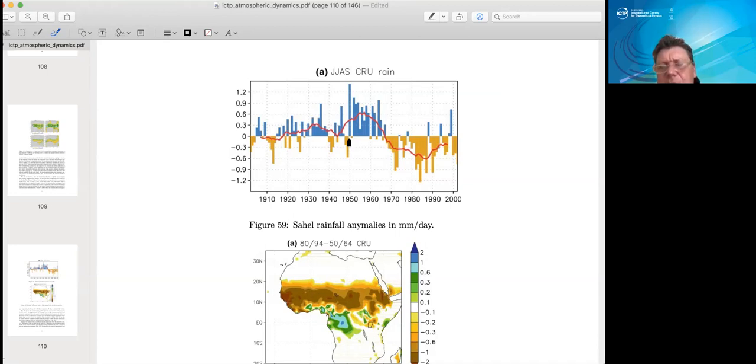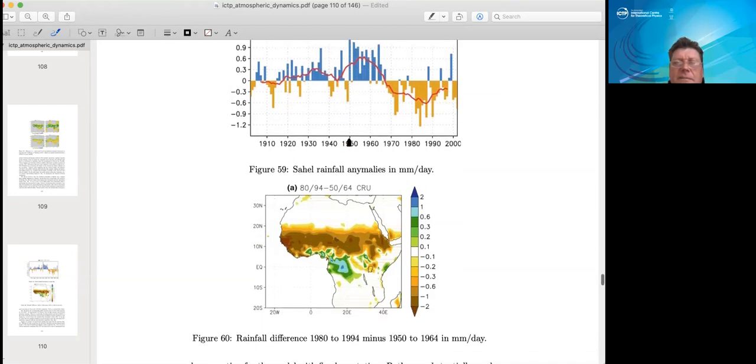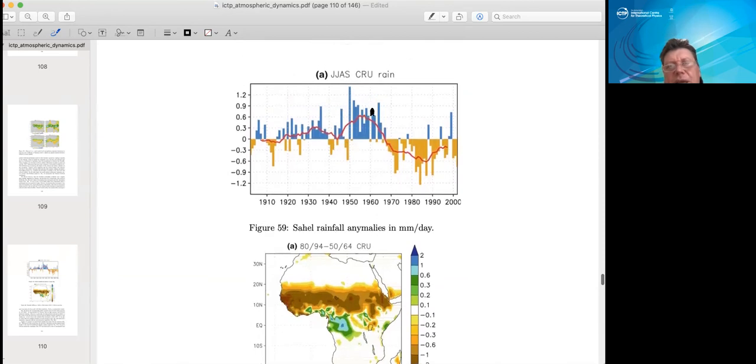So this is still posing some kind of a puzzle. And then what you can do is you can say, okay, now I want to look into this in more detail. I take this wet period and the dry period, and just look at what is happening if I divide these two periods. I take an average over the dry period minus over the wet period.